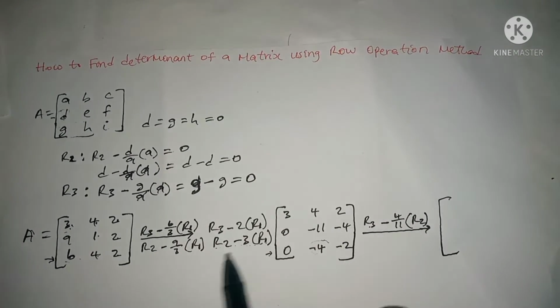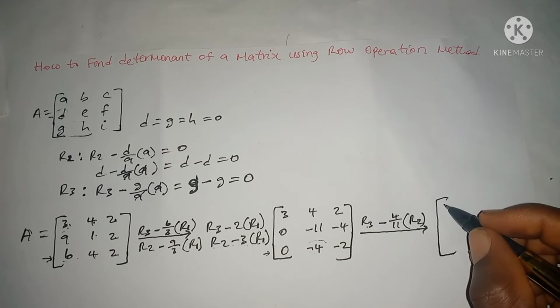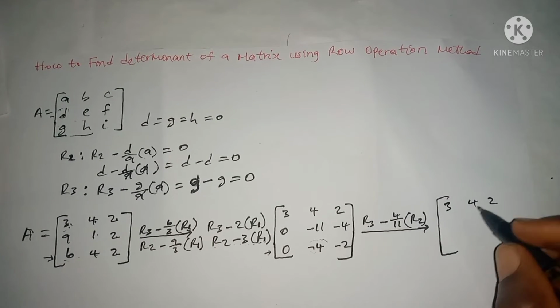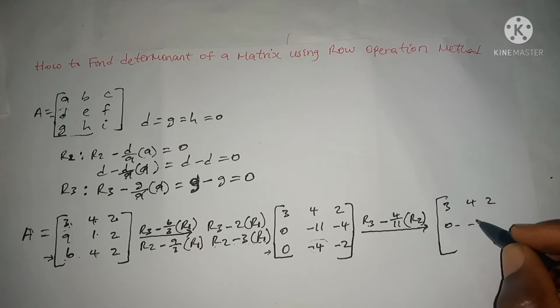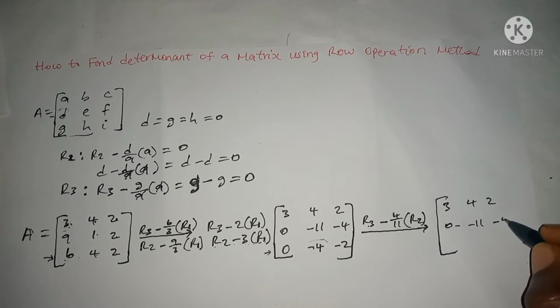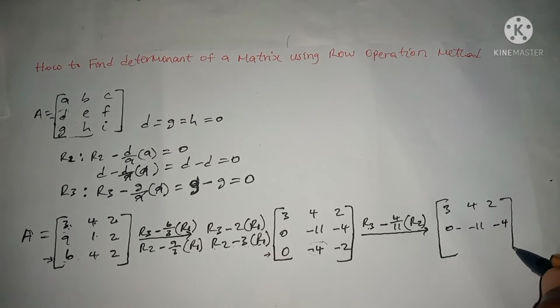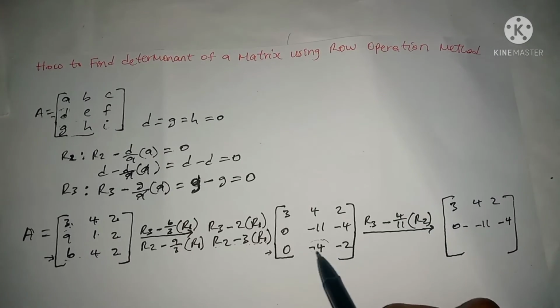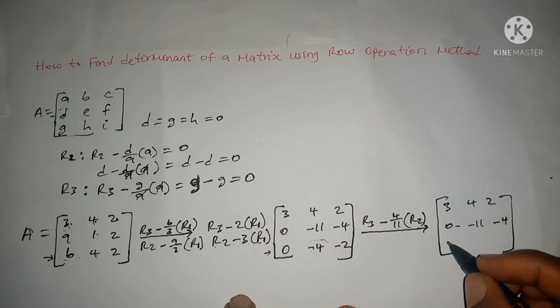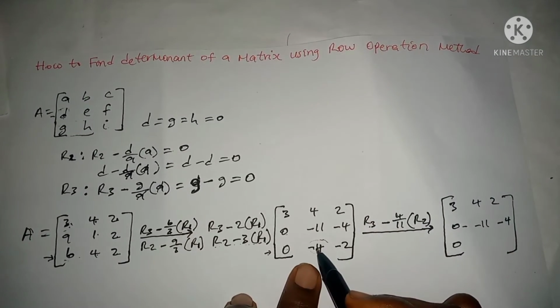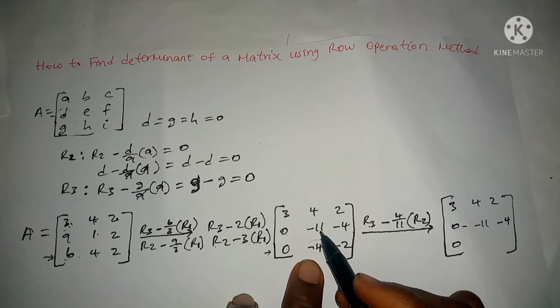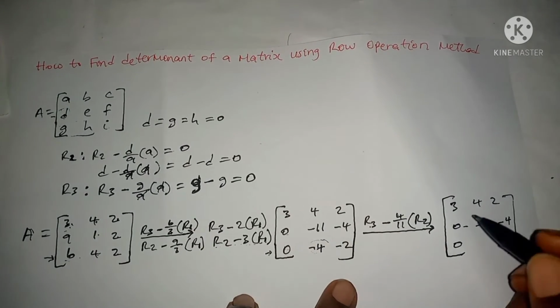Our row 1 and row 2 didn't change. So this is 3, 4, 2. This is 0, minus 11, then minus 4. So 0 minus 0 is going to give us 0. Minus 4, minus 4 over 11 times minus 11.